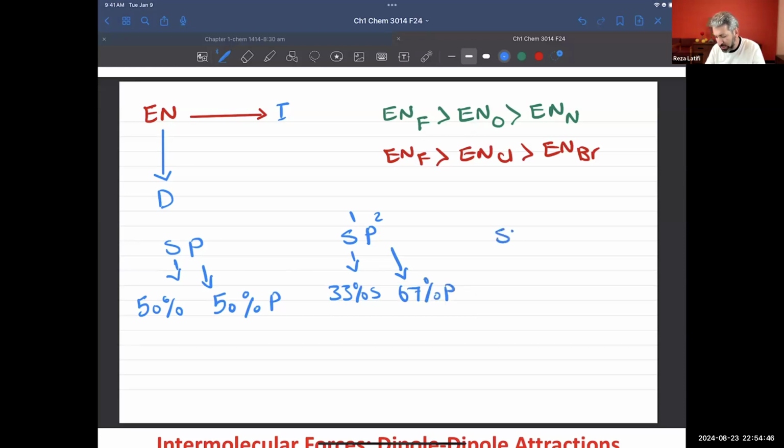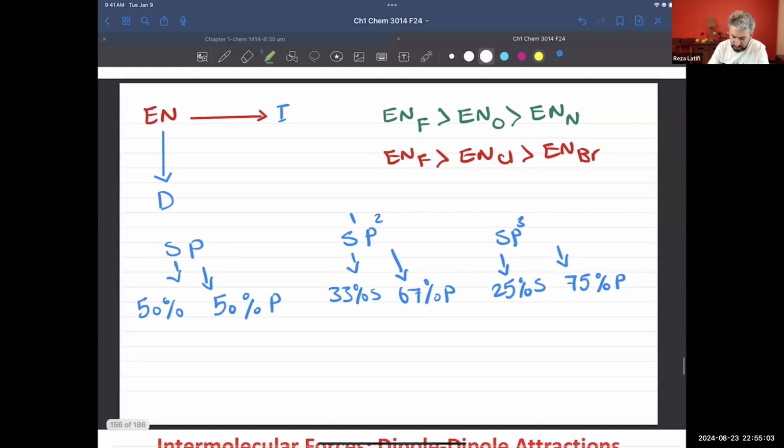And then sp3 will be 25% s character and 75% p character. As the contribution of s character goes down, electronegativity will go down.